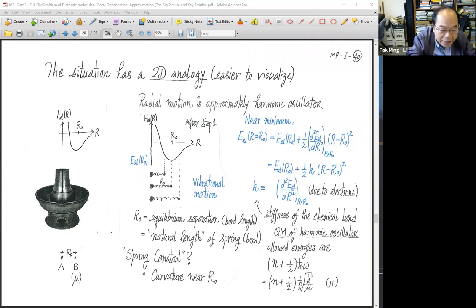Do you understand that there will be vibrational motion and rotational motion for the nucleus? Do you understand?